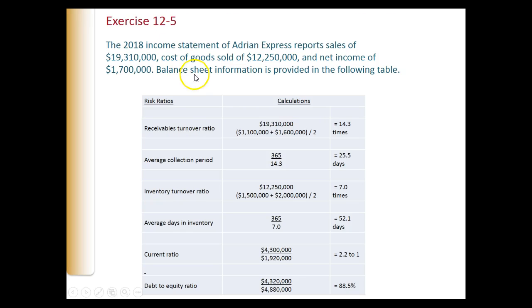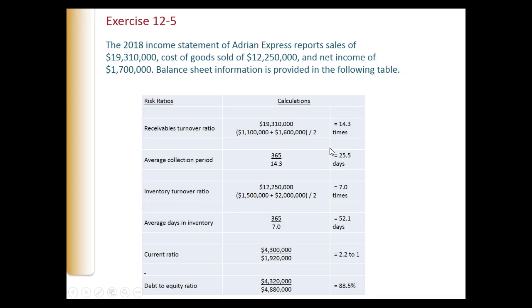So sales divided by the average accounts receivable, the receivables turned over 14.3 times. Now again, to figure out the average collection period, we take 365 divided by the receivables turnover ratio to figure how many days it took to collect.